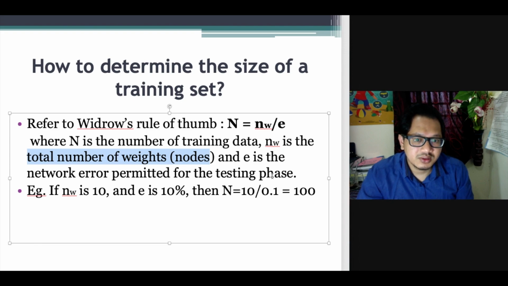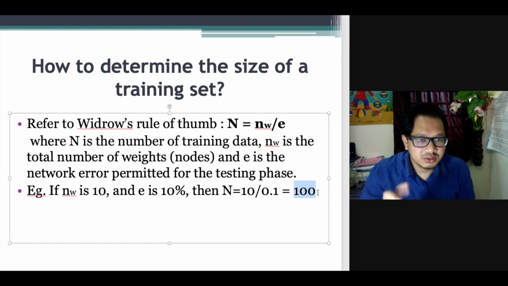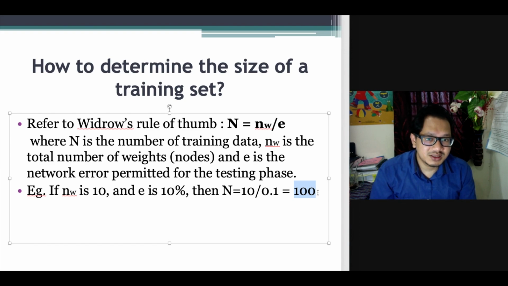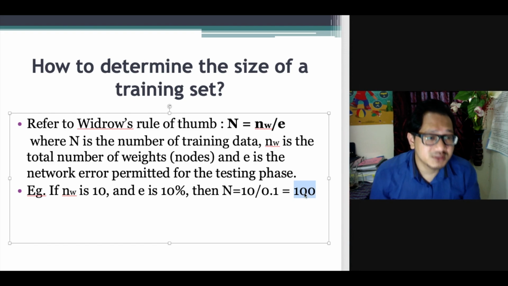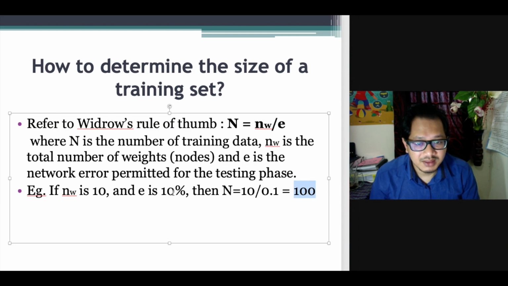For example, if you say the error is 10%, and your nodes are 10, then 10 divided by 0.1 gives you 100. So the total training data must be 100. This is good. Based on this, you only have 10 nodes.